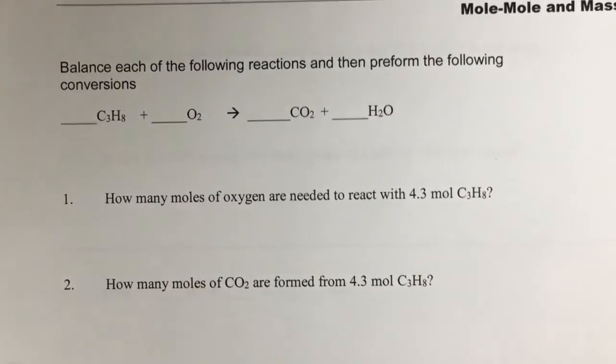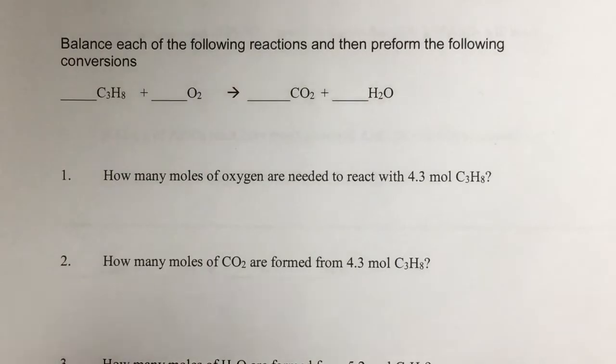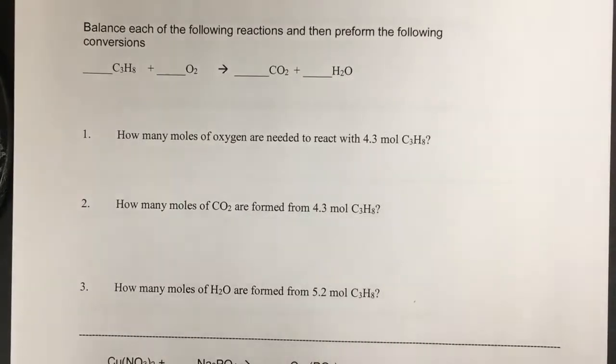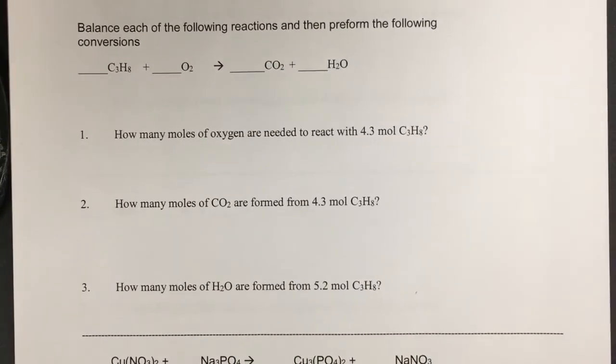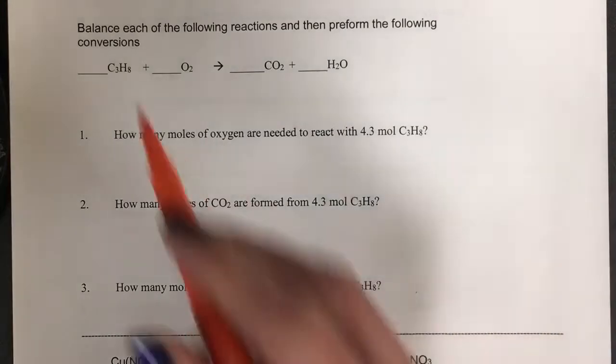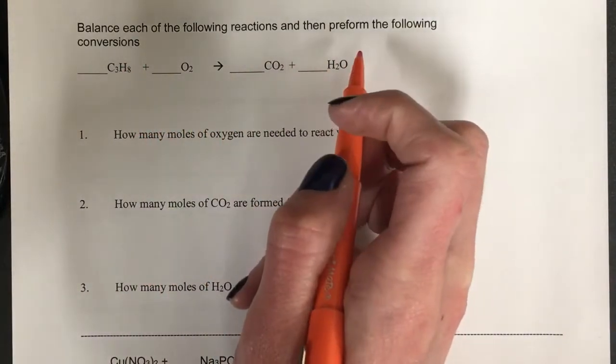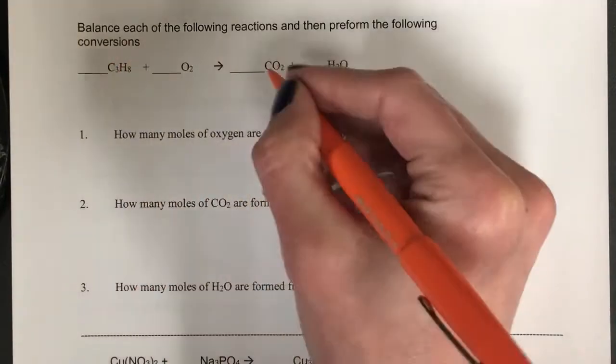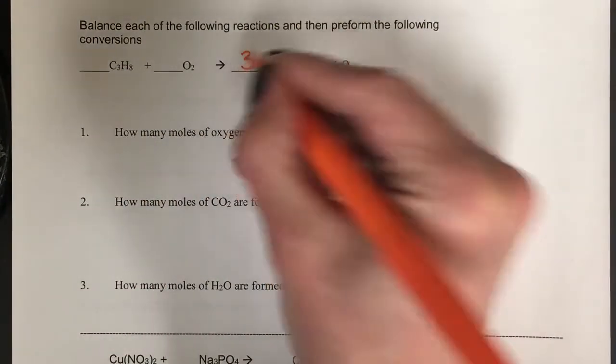on page 35. Okay? So if we look, there we go. Problems 1, 2, and 3 are all mole to mole conversions. Okay? So first, I need my balanced chemical equation. I've got 3 C's here, 1 C there, so let's multiply that by 3.